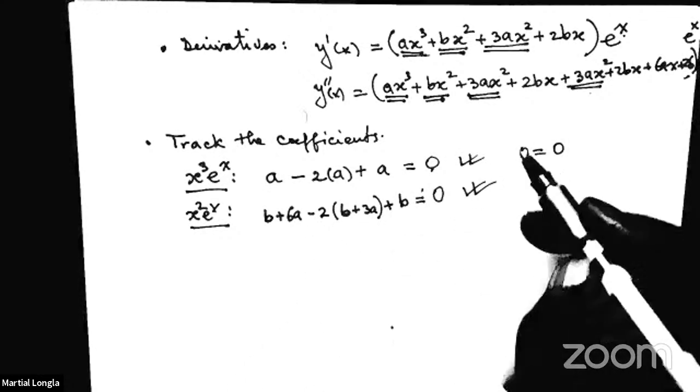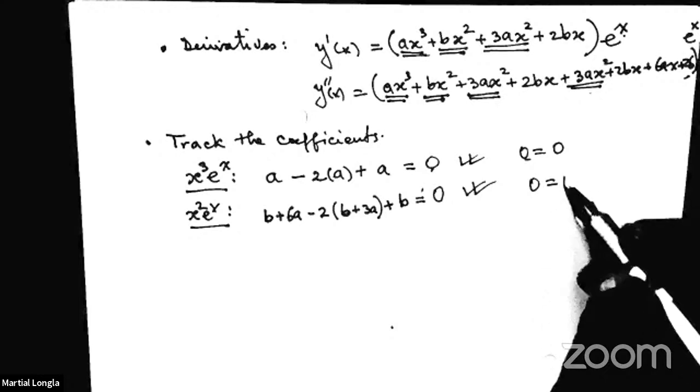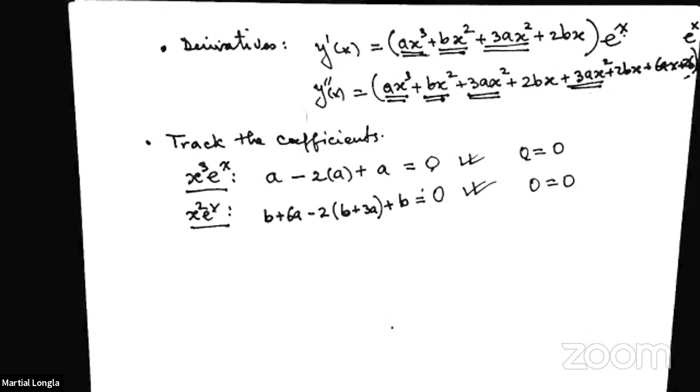So this is 0a plus 0b equals 0, always true. So you don't solve for b then. There's no way you can solve for b. And I always recommend to do these two first, because when you write them down, you can actually see if you have a mistake in your work or not. If you have a mistake, you're not going to get it this way. Something is going to be messed up in these equations.